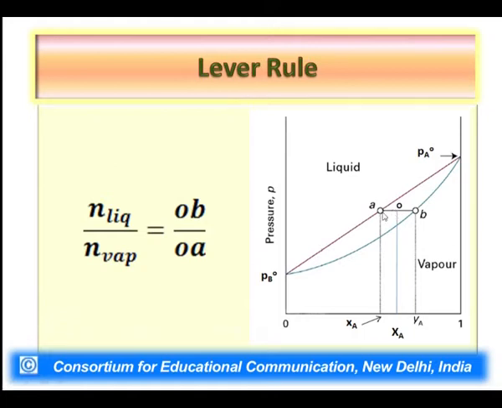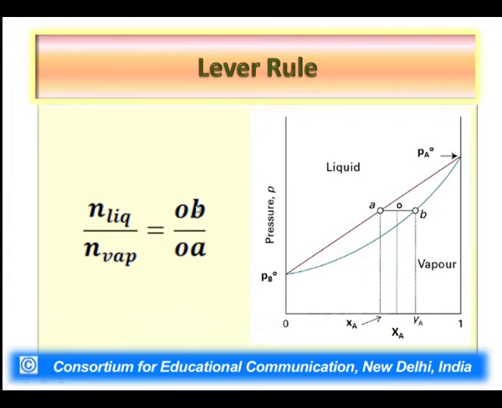Simultaneously, the number of moles of liquid phase continuously increases. So the number of moles of liquid phase is directly proportional to the length of the line segment from the overall state point to the opposite phase, the vapor phase, OB. So the number of moles in the liquid phase is directly proportional to the length of OB, and the number of moles in the vapor phase is directly proportional to the length of OA.